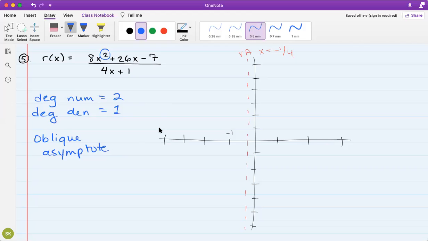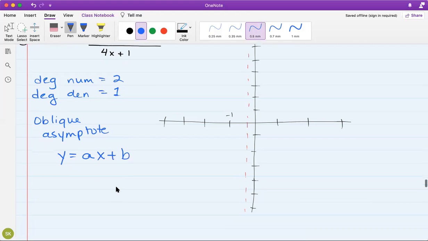We found this oblique asymptote, I believe, a few videos ago, but we're going to do it again in case you forgot or just need more practice here. So to find the oblique asymptote, you actually do long division. The oblique asymptote is going to be y is equal to ax plus b. We just have to find the a and the b.